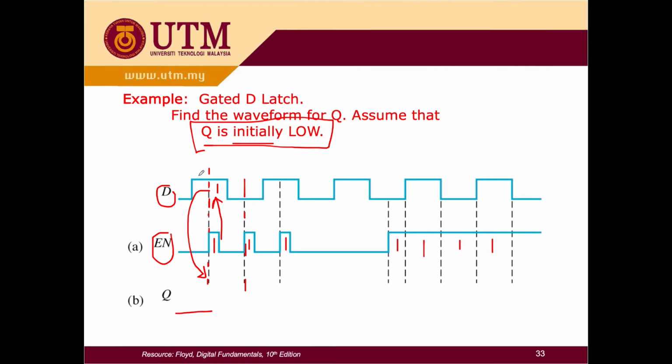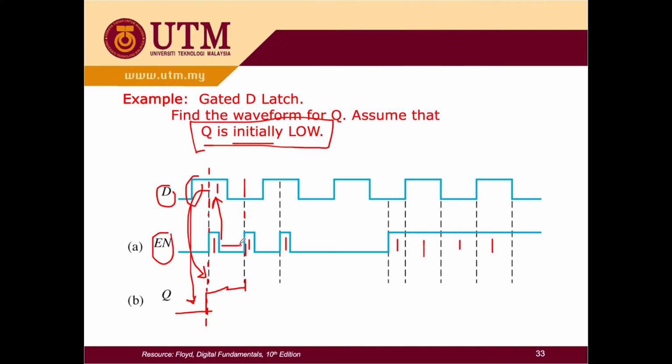Although there is a change over here at your input, your output remains the same as there is no change, and you only consider changing when your EN is 1, isn't it? So when your EN is 1, you refer to your D, and if it's 1, you copy and paste it to be 1 until the next EN 1.